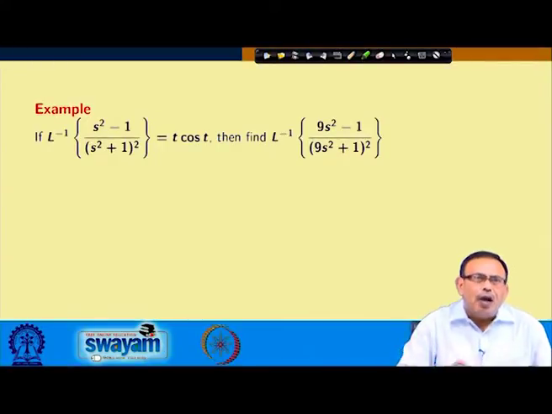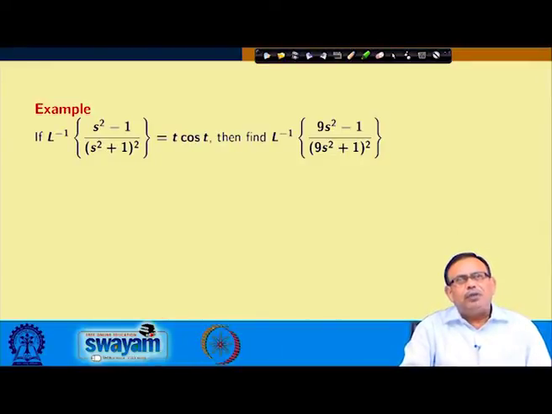The next one is, suppose I know the value of an inverse Laplace transform. Say, Laplace inverse of (s square minus 1) by (s square plus 1) whole square is t cos t. It is given to me. I have to find the Laplace inverse of (9 s square minus 1) by (9 s square plus 1) whole square.